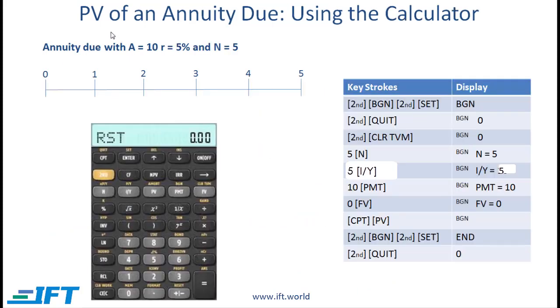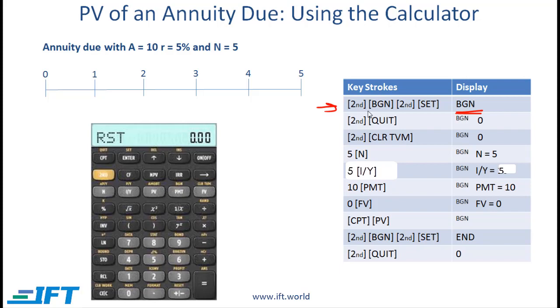Let's now calculate the present value of an annuity using the calculator. The point is that you first have to put the calculator into begin mode. The default for the calculator is that it is in end mode. In other words, when you simply plug in numbers, the calculator assumes that the cash flows are happening at the end of each period.